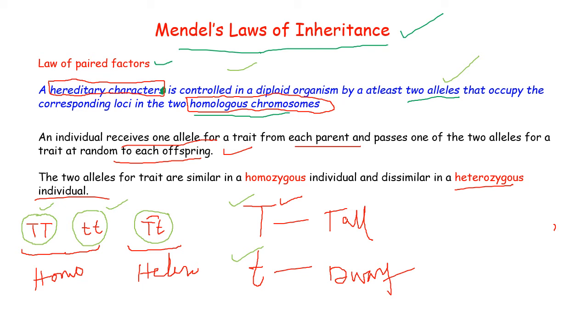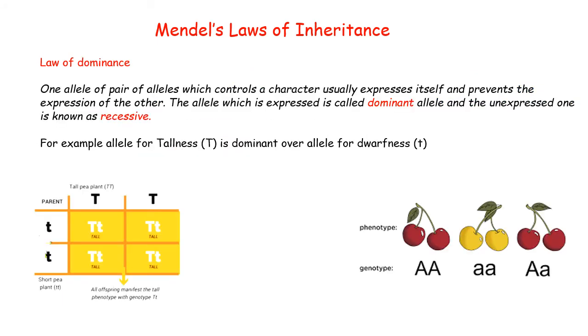This is what the law of paired factors states: for each trait, we have two alternate forms of the gene, one from the father and one from the mother. If both alleles are similar, for example capital T and capital T, or small t and small t, it is known as the homozygous condition. When they are different, capital T and small t, it is known as heterozygous.